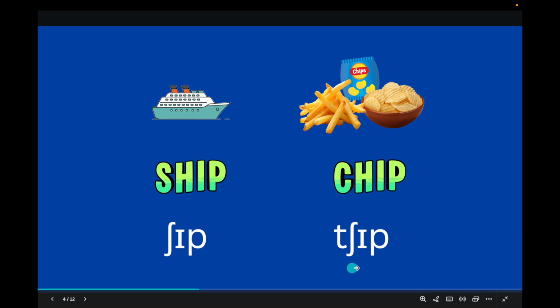You can see that chip actually has the same symbols that ship does, and then it has, in addition, the T symbol at the beginning. And that's really the key sound which makes all the difference when we want to distinguish ship from chip.